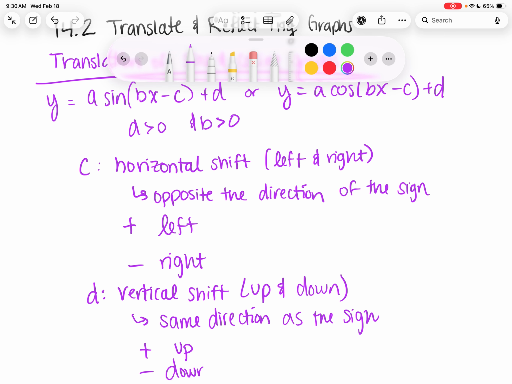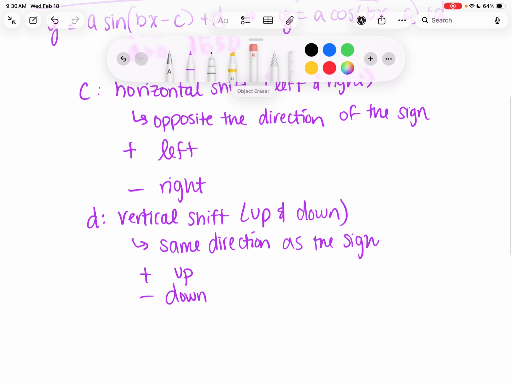Negative goes down. And then the other thing, which I kind of briefly mentioned yesterday, but if A is less than 0, aka if it's negative, it is reflected.